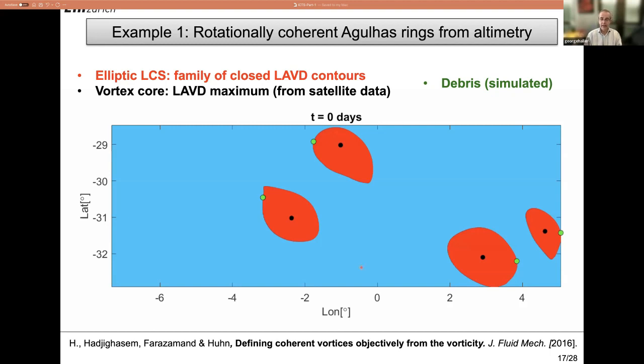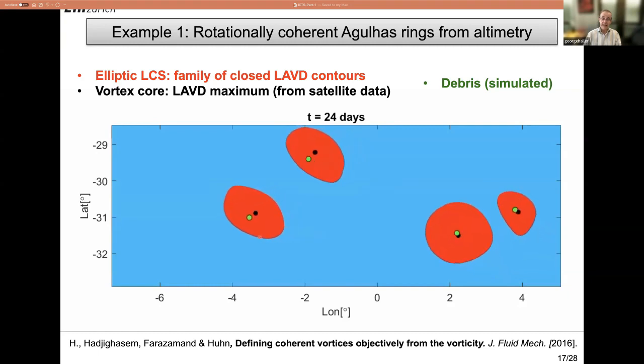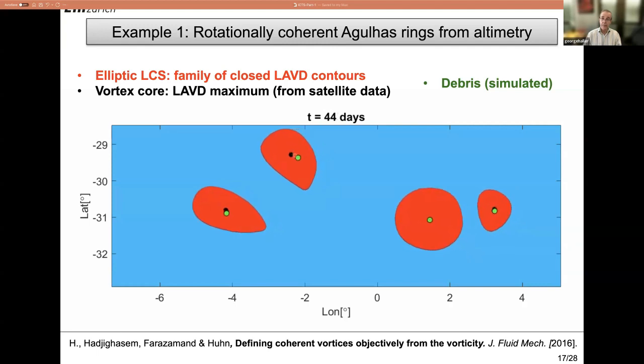And this is an actual simulation which was really preceded by the theorem. We really wanted to see whether this is true. So these are simulated debris, and these are vortices, LAVD contours calculated from the Aviso altimetry data set. This is a satellite-based data set that we describe in these and many other papers. So when you run that simulation, look what happens. The debris is the green one, and in each and every case it nicely converges to that black dot.